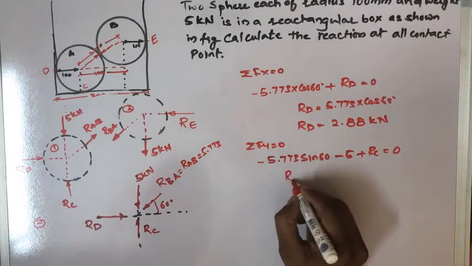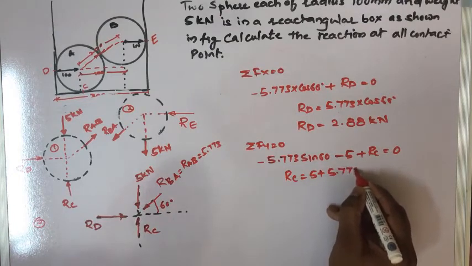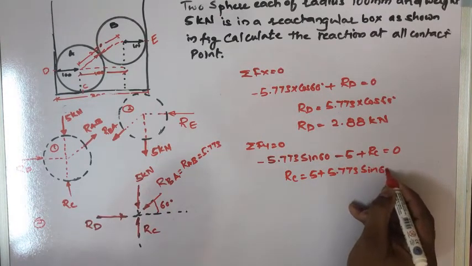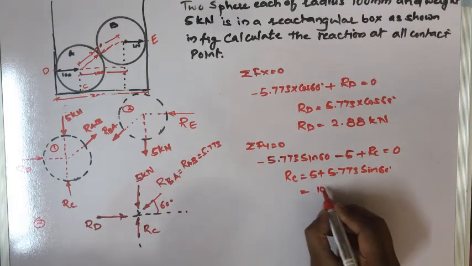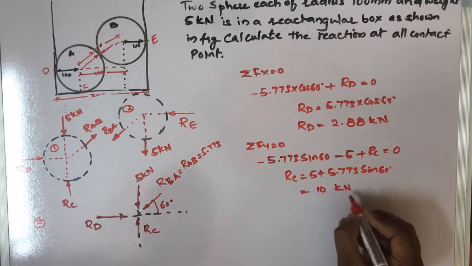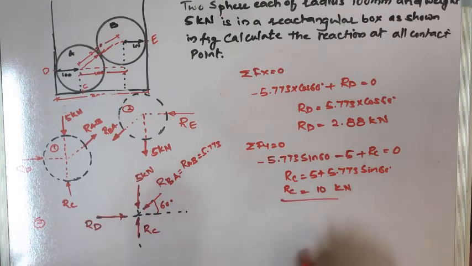If I take all these terms to the other side, it will be 5 plus 5.773 sine 60 degrees. So I get RC as 10 kilonewton. Somewhat I get 9.99, so that will be 10 kilonewton. So RC will be 10 kilonewton.